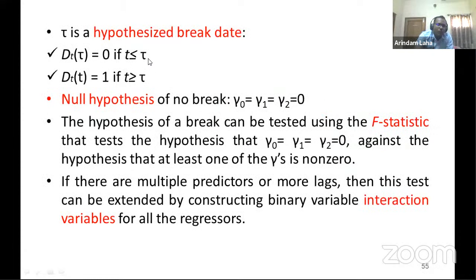That means before and after the collapse of the system, there is no structural break. All the coefficients will be equal to 0, and it is a joint significance test. As you are dealing with a joint significance test, you must employ the F statistic. So gamma 0, gamma 1, gamma 2 are all zeros.